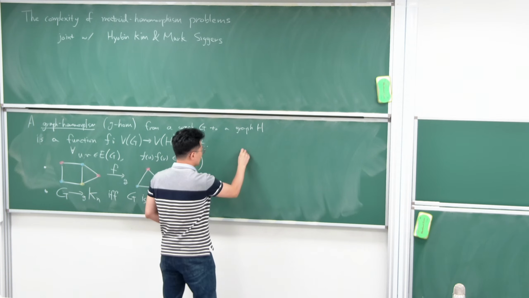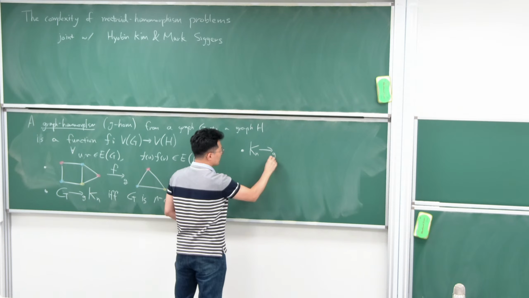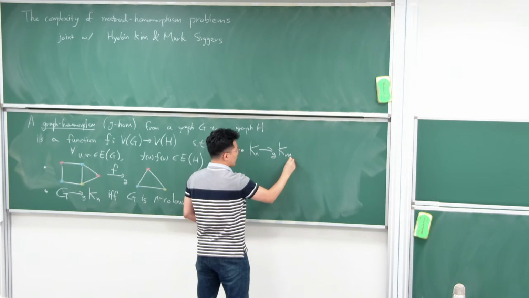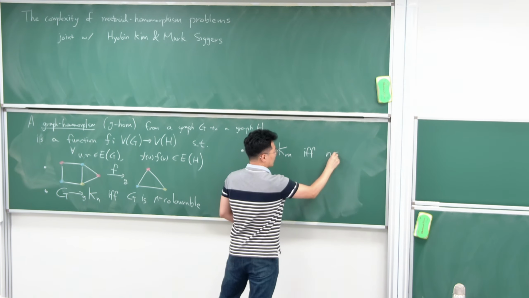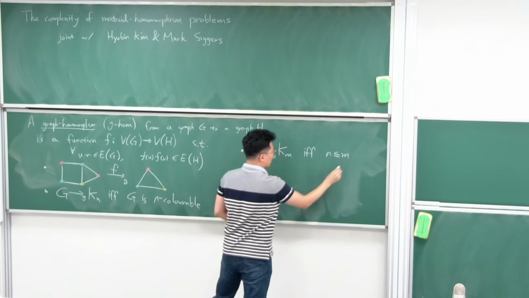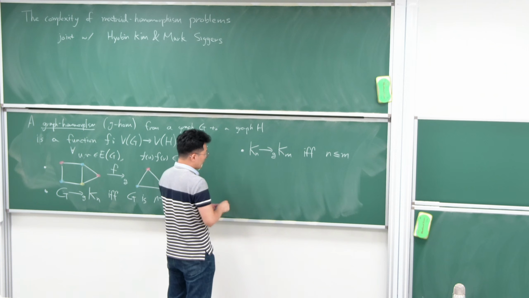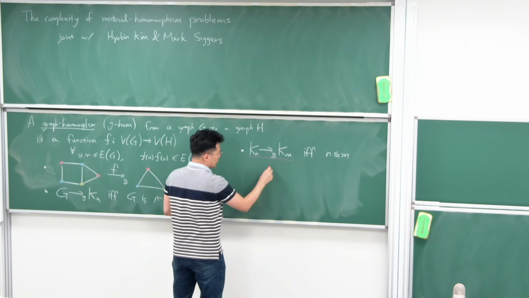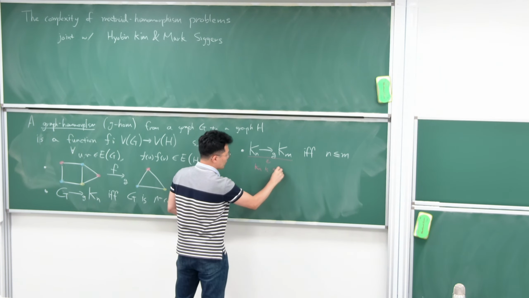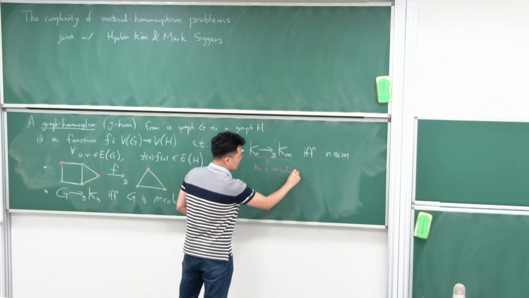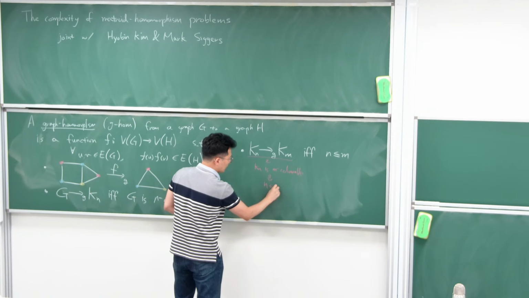Another easy remark is there is a graph homomorphism from Kn to Km if and only if n is at most m. It's easy to see because if the homomorphism exists, this means Kn is m-colorable, and that means n is at most m.